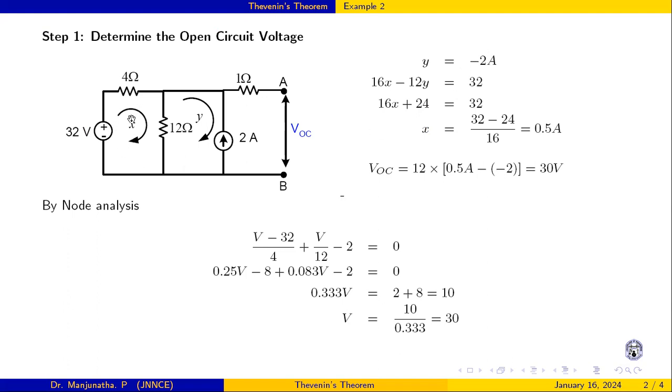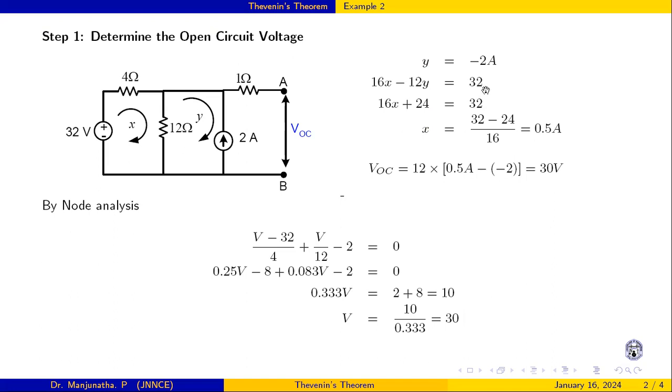Coming to this first mesh X, the mesh equation for X is, we have two resistors here, 4 and 12. It is 16X, and in this 12 ohm, the mesh Y current is also flowing, but it is opposite to X. So that's why minus 12Y, and within this mesh or loop, we have one voltage source of 32.